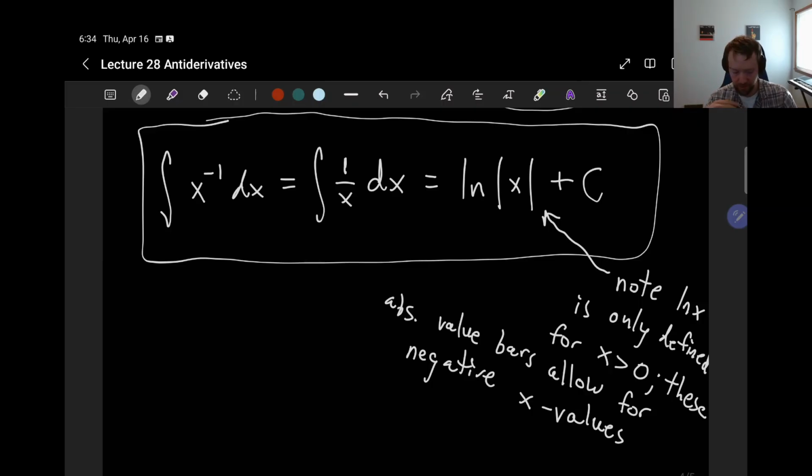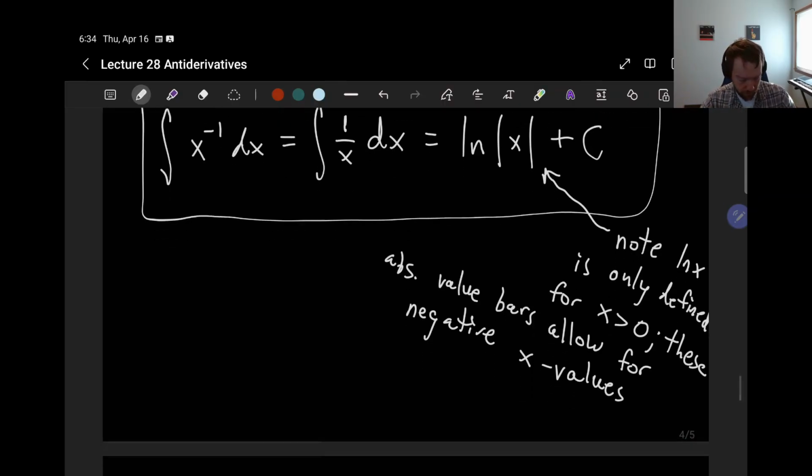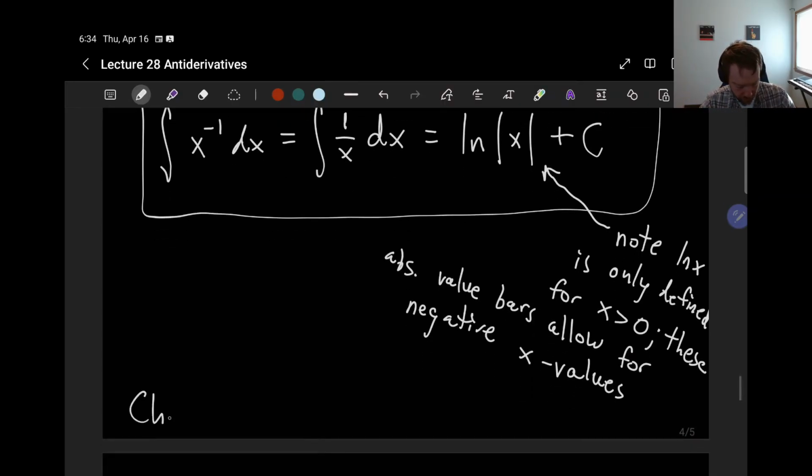And then, yes, the derivative of natural log is 1 over x. So we don't really need to check that. What we need to check is for when x is negative. Make sure that those absolute value bars work.